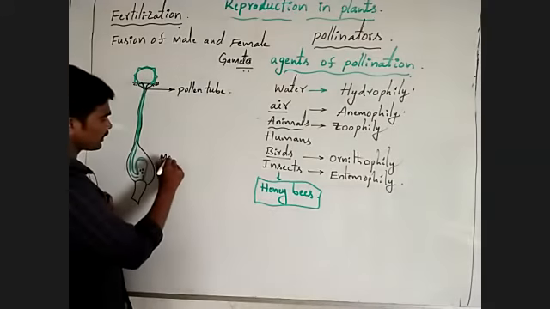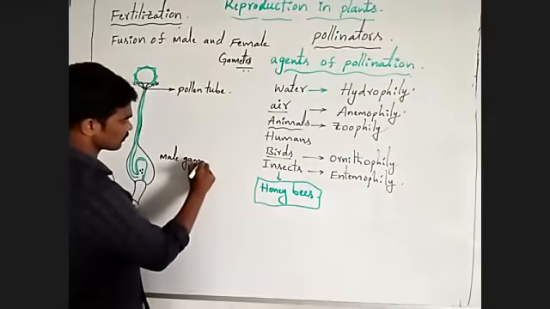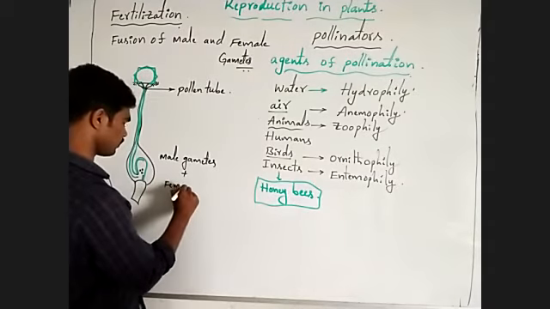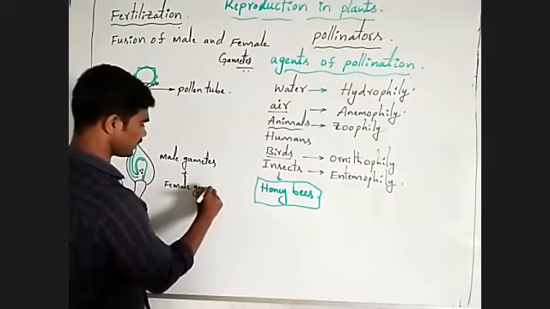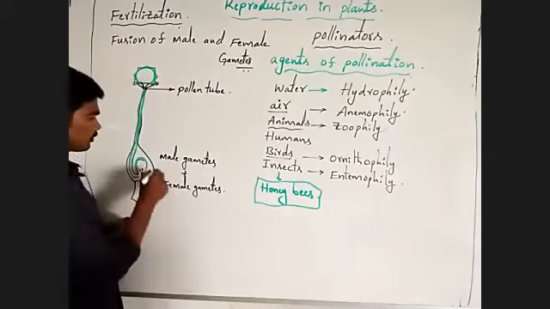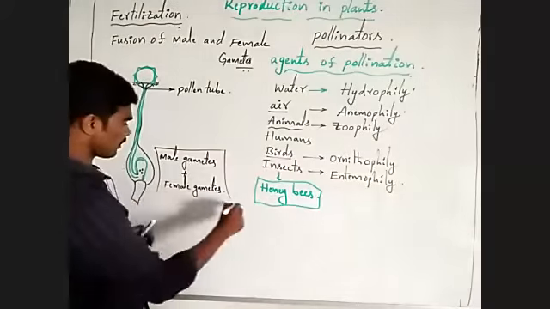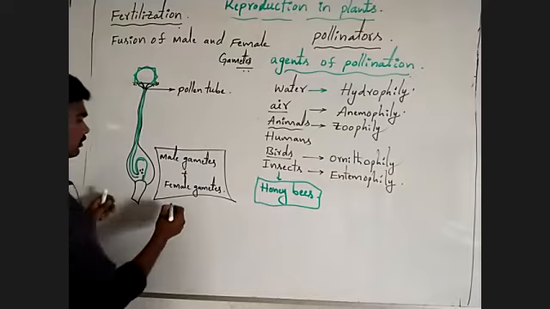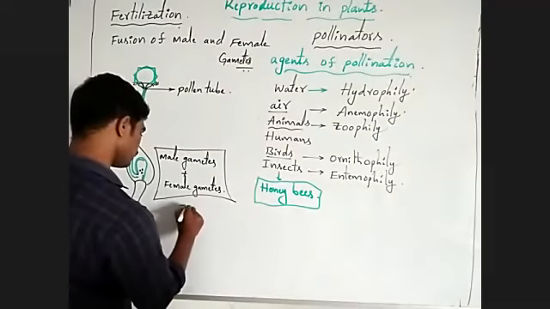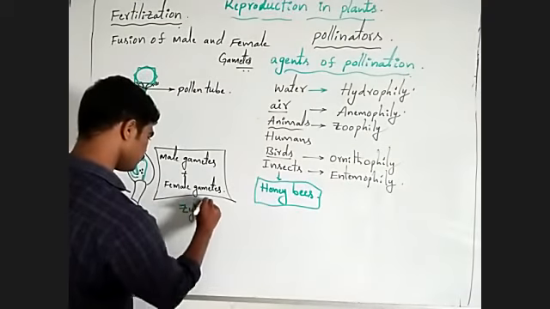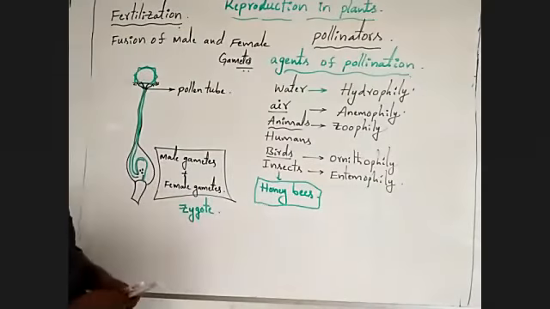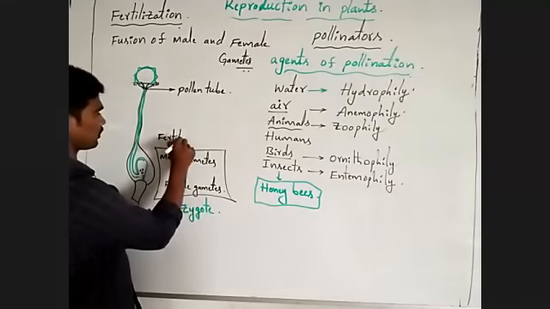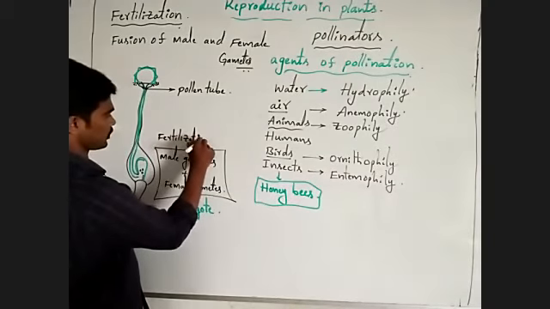Then the male gametes fuse with the female gametes and form the zygote. This fusion is called fertilization.